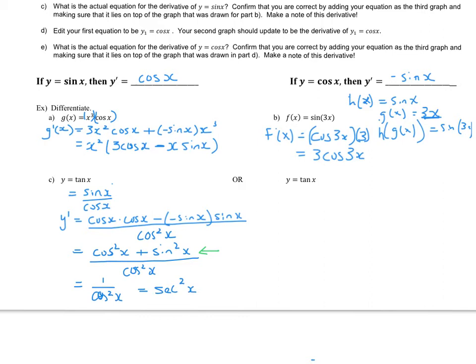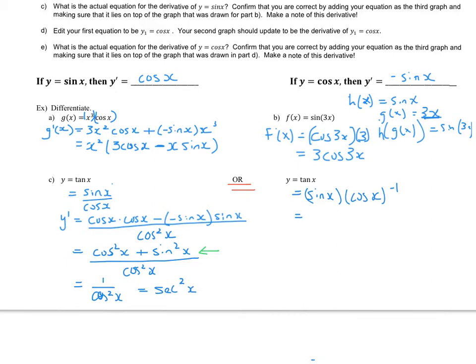Now the other option, so I have the word or right here, because we kind of got away from using the quotient rule, it is possible to take that tan x and write it as sine x times cos x to the negative 1. So you can apply the product rule here, and we could do the derivative of the first.